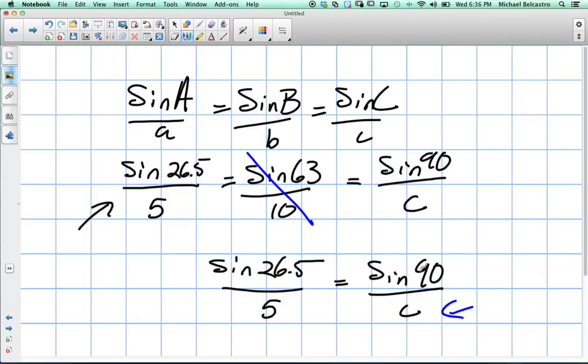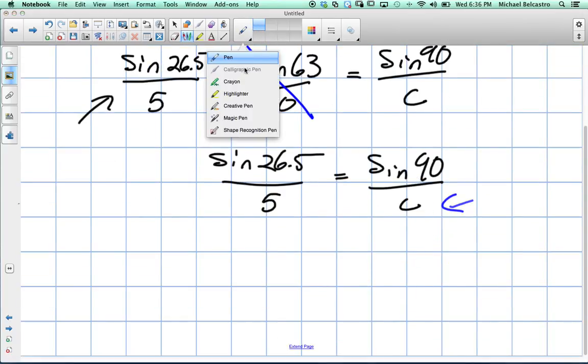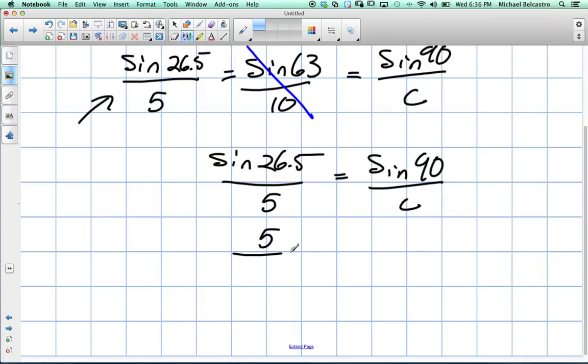Well, this is where we're going to flip the equations, right? It's because that'll be a lot easier to solve for us. So let's flip these two equations. Okay? So when I flip them, it's actually going to say 5 over sine 26.5 is equal to C over sine 90.